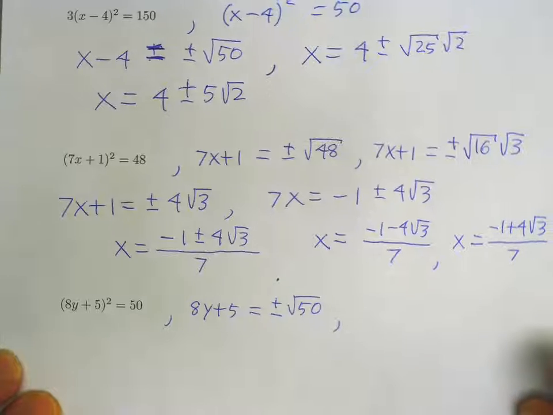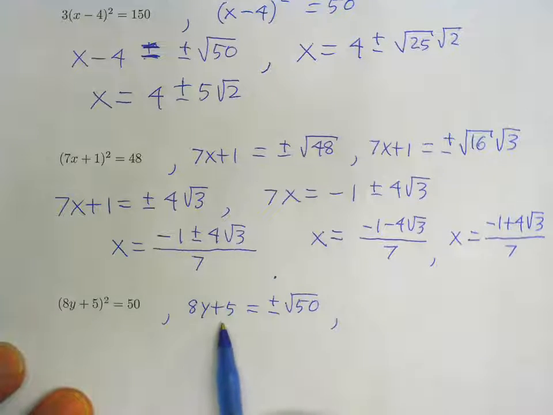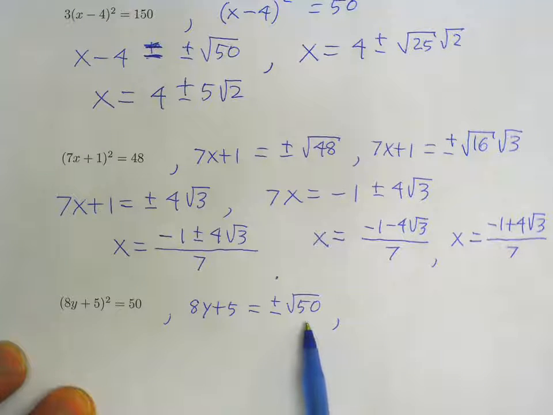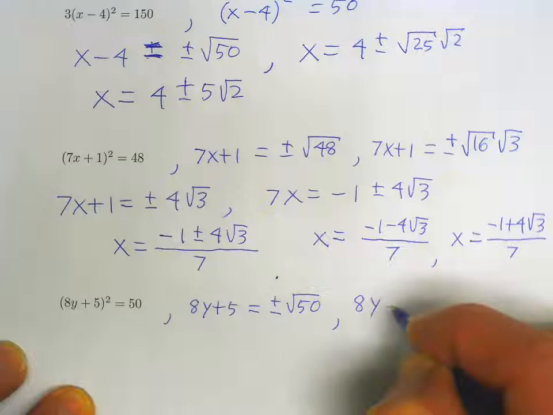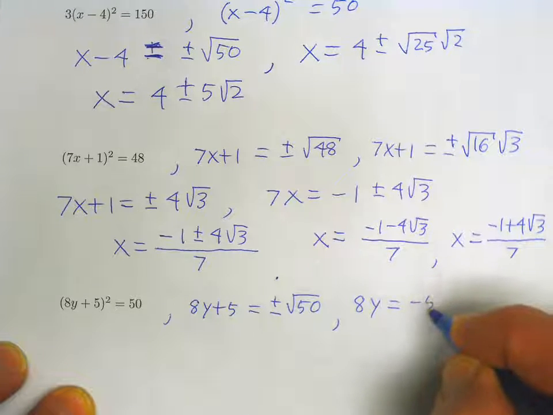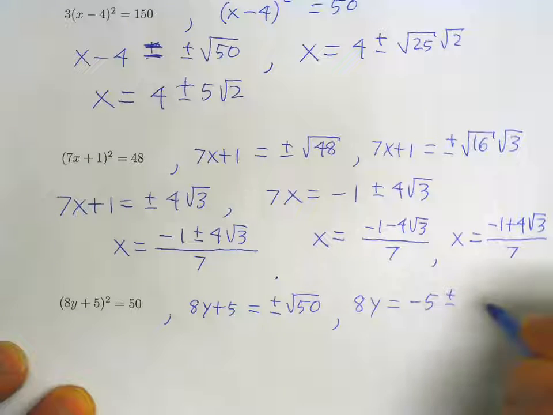So we're starting to get used to this. So in the next step, I'll do a couple of things. I'll subtract 5 from both sides and then start simplifying the square root of 50. So we get 8y equals negative 5 plus and minus the square root of 50, which is the same as the square root of 25 times the square root of 2.